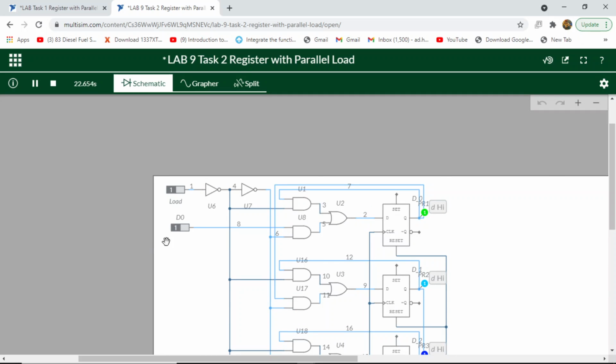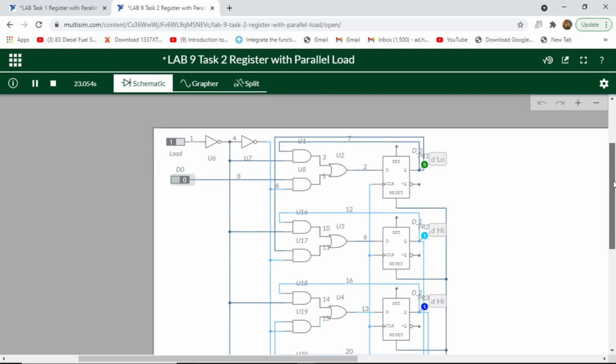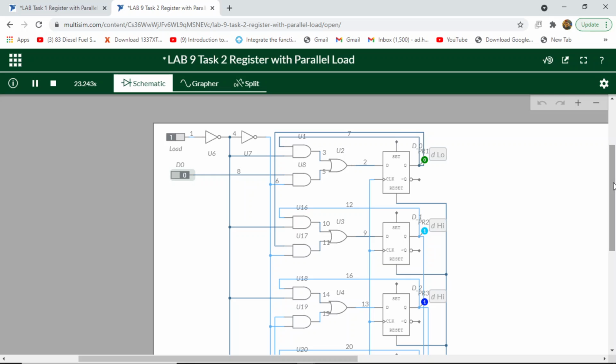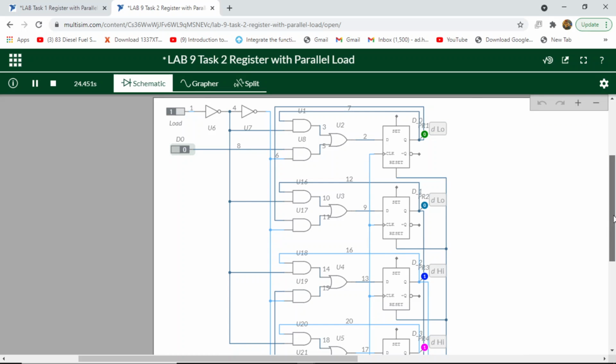Now if the input becomes 0, D0, D1, D2, all of the outputs become 0, one by one. Because D0 is 0 and the load is 1, the AND operation is 0, the upper AND operation is also 0, so it shows the output 0.